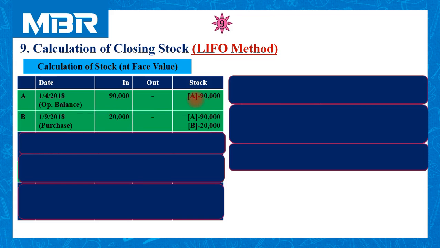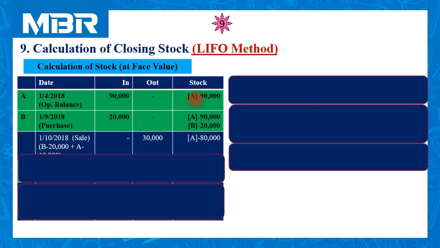B, that is the second lot of the investment that we have purchased on 1/9/2018. Face value of the stock is rupees 20,000. So now there are two types of investments available to us in our stock. A, that is the first lot for rupees 90,000, and B, the second lot for rupees 20,000.